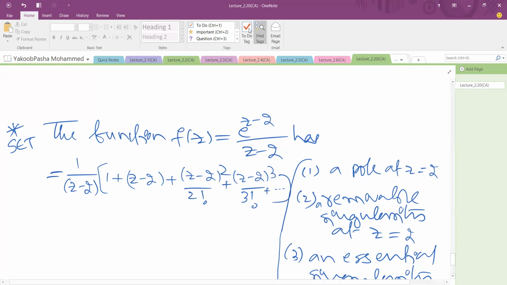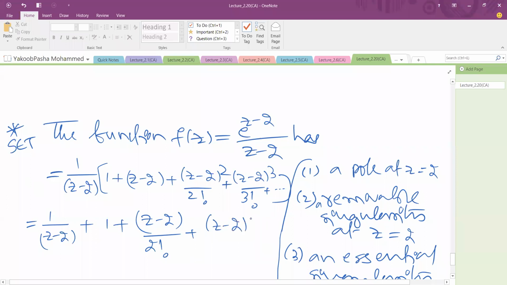Okay. So multiply with 1 by z minus 2. We get 1 by z minus 2 plus second term 1, here z minus 2 by 2 factorial, here z minus 2 whole square by 3 factorial, plus and so on.